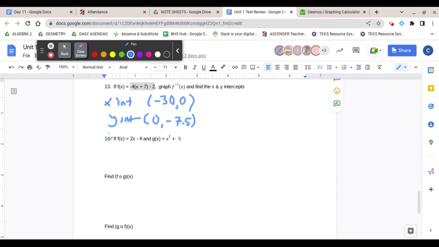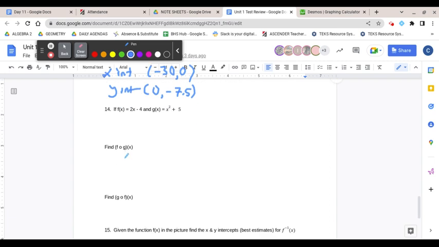Okay. All right. So number 14, if f of x is 2x minus 4 and g of x is x squared plus 5, find f of g of x. So we're going to take our f function, 2x minus 4. And of g, so now g goes in for this x.